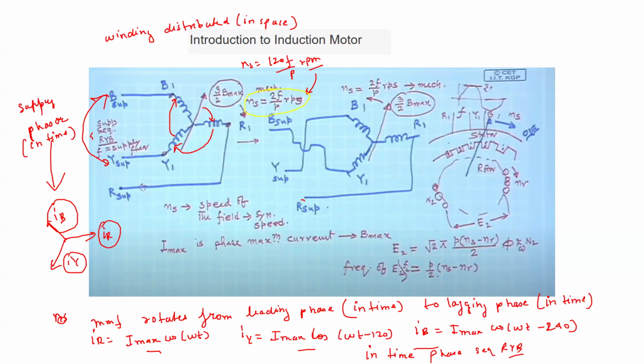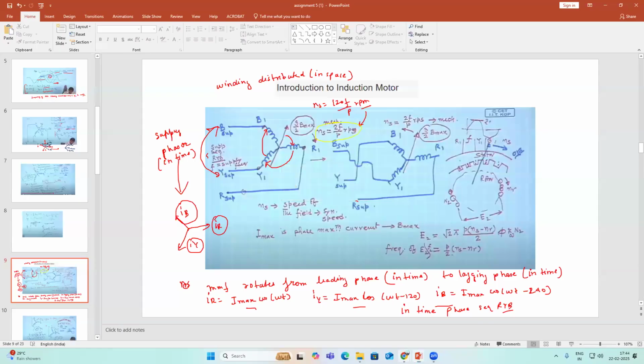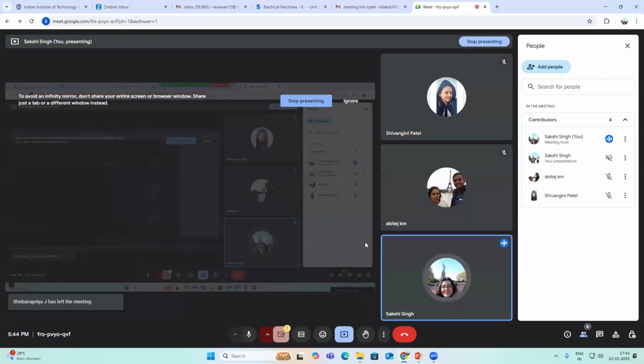One thing is that in my place there is some storm, so at any time the power may go. If the power cuts, I'll save it till here and upload the video till whatever I have discussed right now in part. And I can take the class again at the same time tomorrow, the remaining part. But if the power does not go off, then we can continue normally.